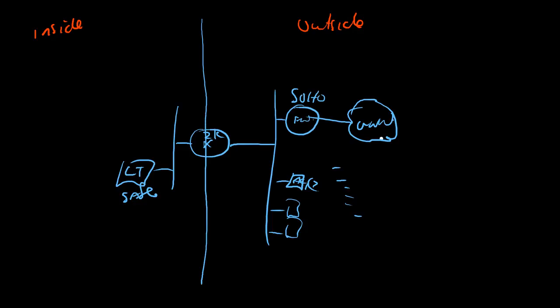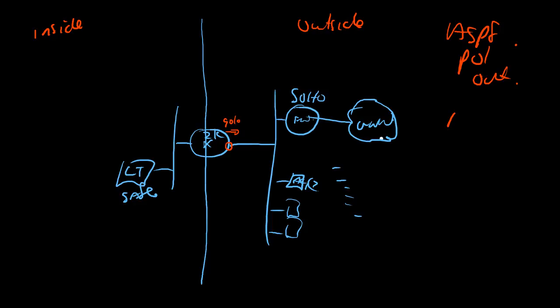Remembering with ASPF, I'm going to apply a policy outbound on my outside interface, which is gigabit 0/0. But we also don't want to allow any traffic to come inbound into this network.